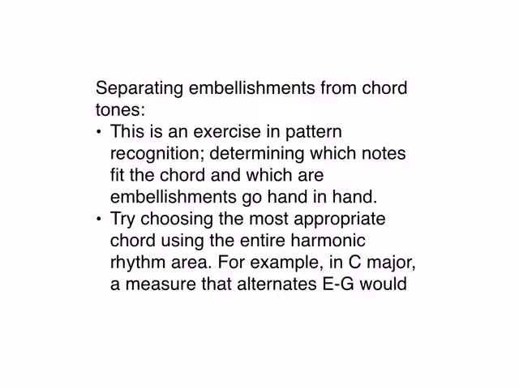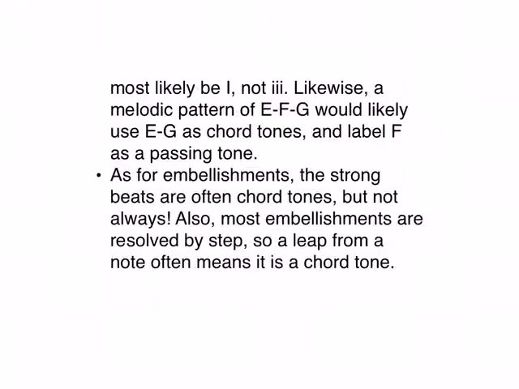For example, in the key of C major, a measure that alternates E and G would most likely be a 1 chord, not a 3 chord, because 1 is typically what we would expect. Likewise, a melodic pattern of E, F, G would likely use E and G as the chord tones, as those frame a third, and the F in between would most likely be a passing tone.